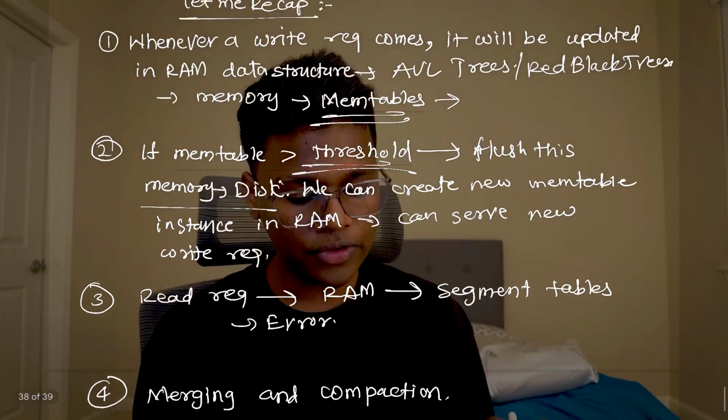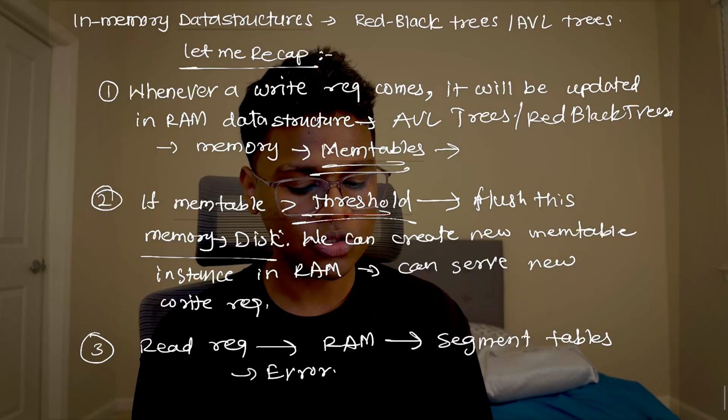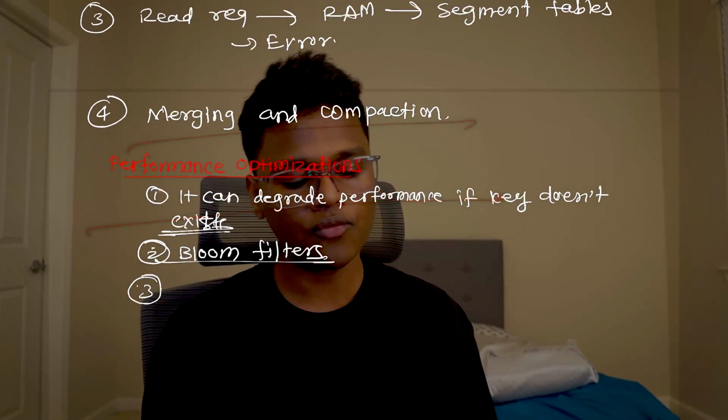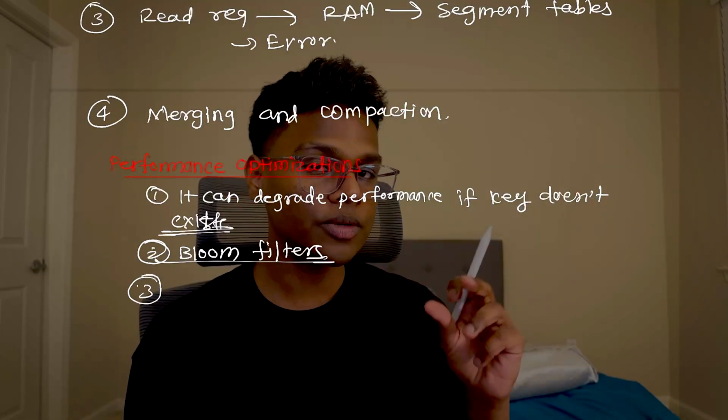And we went over the recap, wherein we saw how writes work, how reads work, and how merging and compaction work, and what are the different merging and compaction strategies and performance optimizations that we can use.